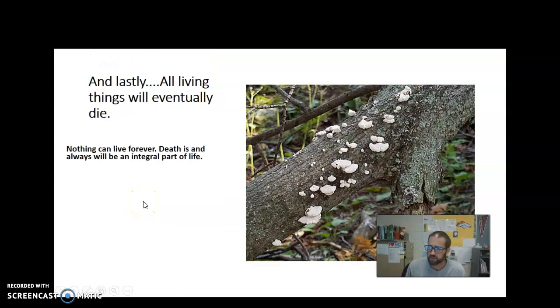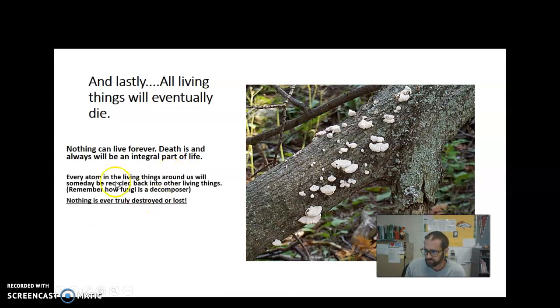And last, of course, this is not on the list of 6. However, we know that all living things eventually have to end and they have to die. So nothing can live forever. So death is there in this cycle on our planet. And every atom in the living things around us will someday be recycled back into other living things.